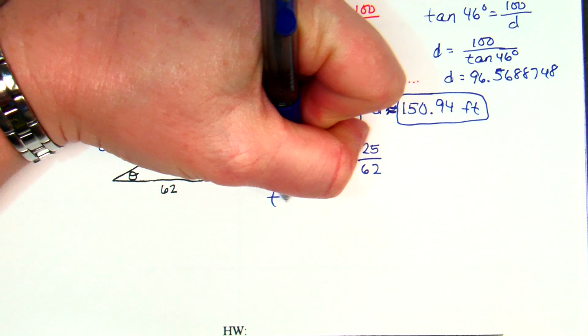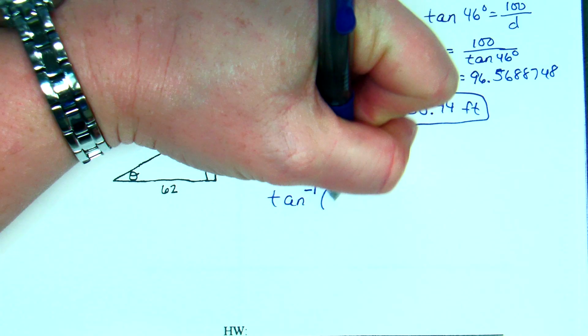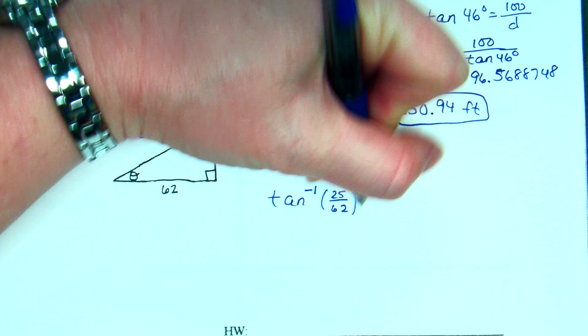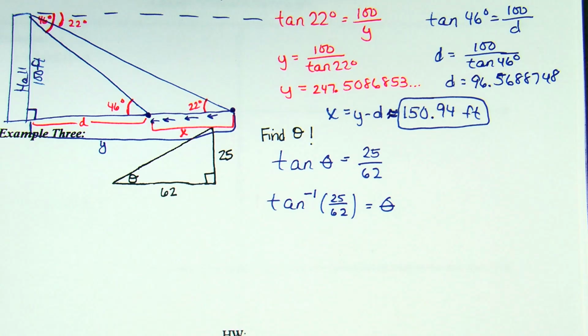Meaning, tangent inverse of 25 over 62 equals theta. Inverses flip your X and Y values. Or in this case, my degree value. And so what I know here is that we had tangent, but we need to find theta. So use tangent inverse to flip them.